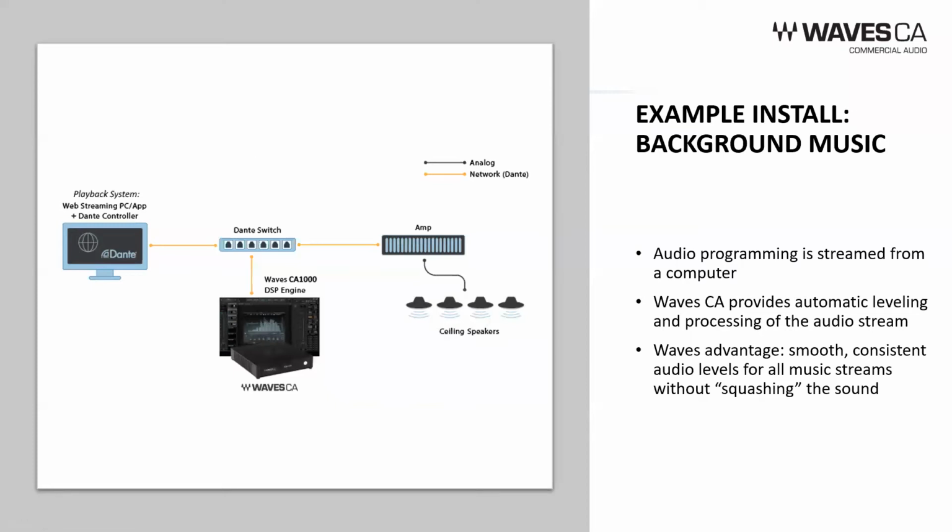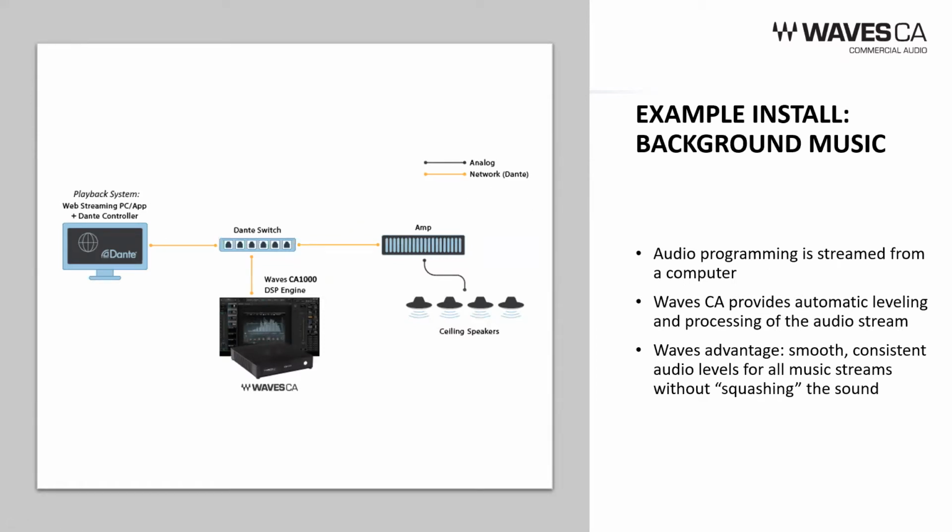So if some music is naturally louder or softer, the Wave CA engine will automatically level it without coloring or squashing the audio coming through the system.